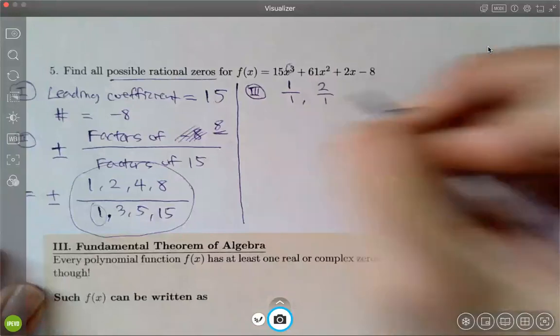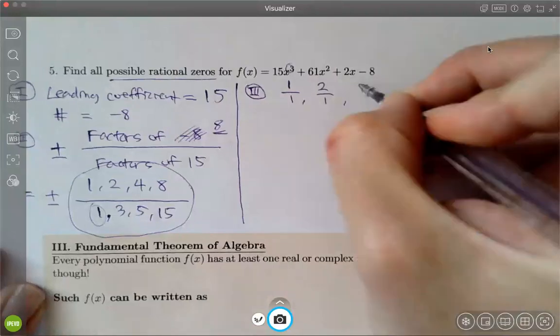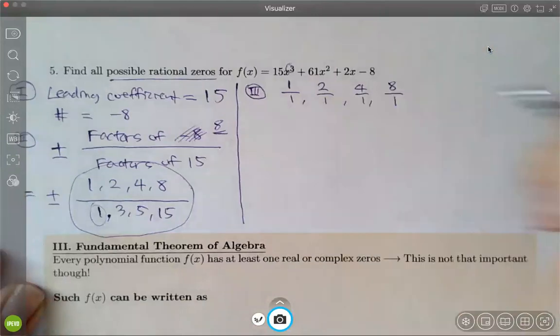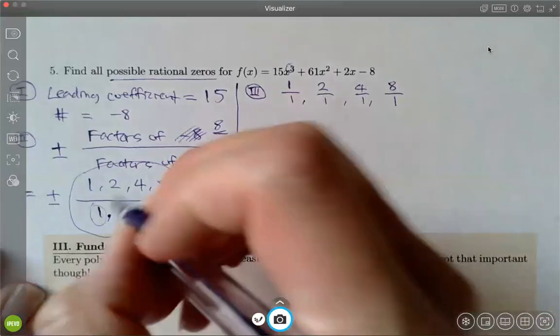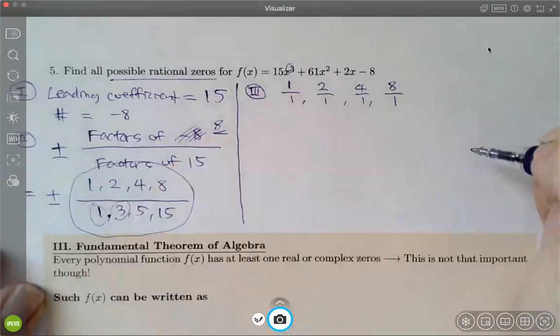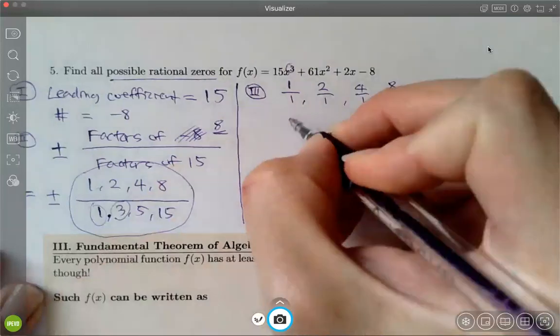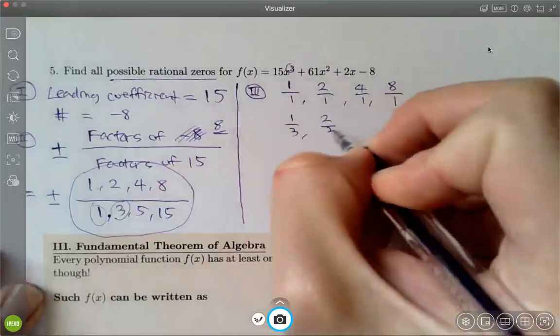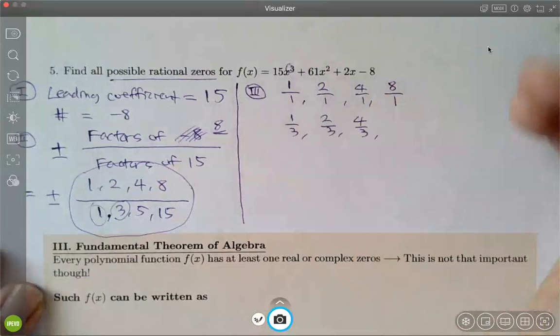Yeah. 4 over 1 and 8 over 1, right? Now, let's change the candidate for the denominator, which is 3. Then we also have these 4 cases at the top, right? So we have 1 over 3, 2 over 3, 4 over 3, and 8 over 3.